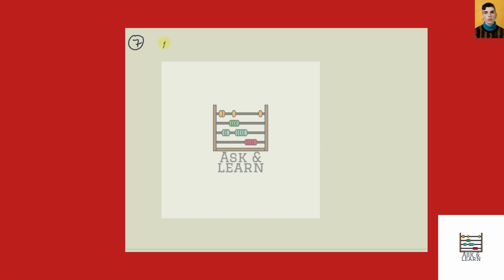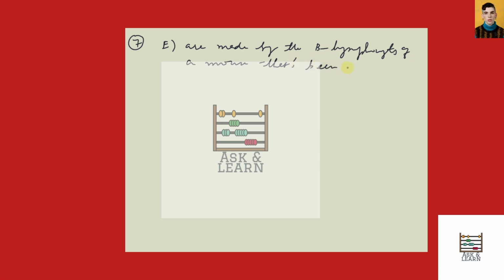Regarding this, the correct option is option E, which says that they are made by the B lymphocytes of a mouse that's been infected with chikungunya virus.